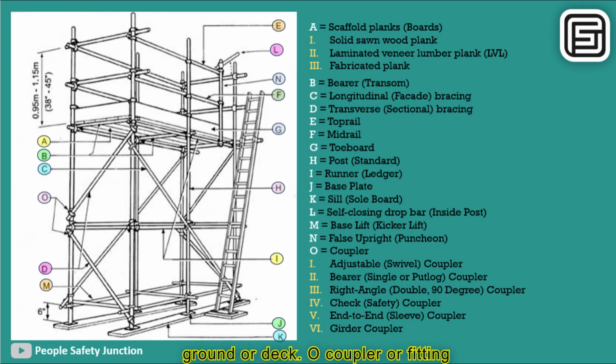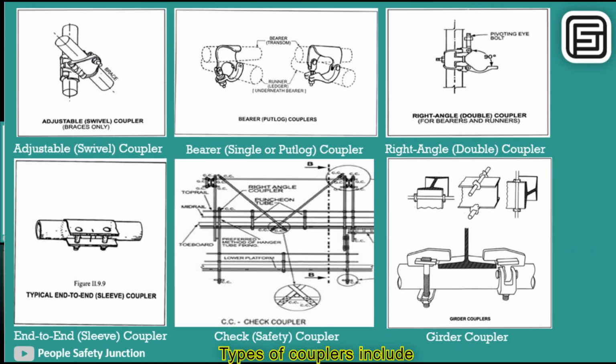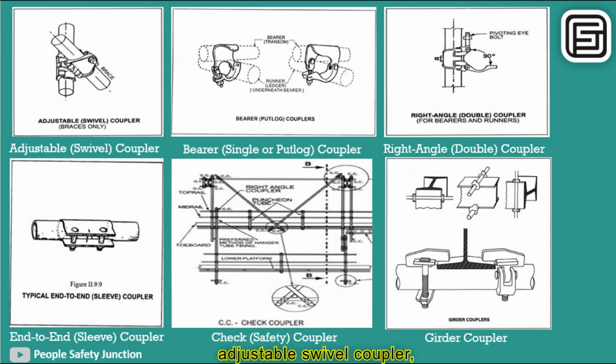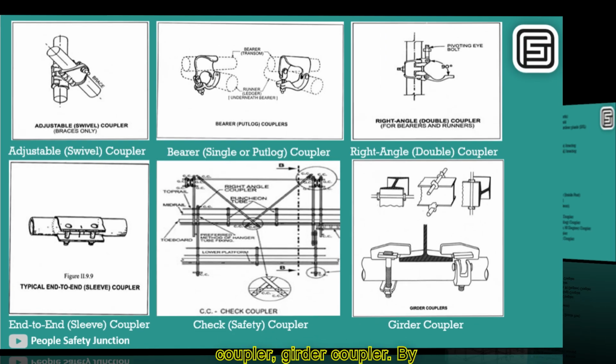O. Coupler or fitting or clamp, a component or device used to fix scaffold tubes together. Types of couplers include adjustable, swivel coupler, bearer, single or putlog coupler, right angle, double, 90-degree coupler, check, safety coupler, end-to-end, sleeve coupler, girder coupler.